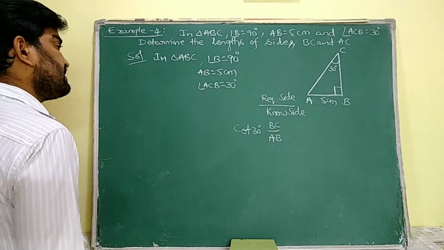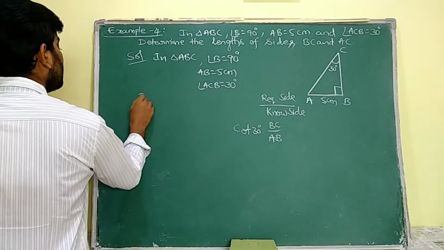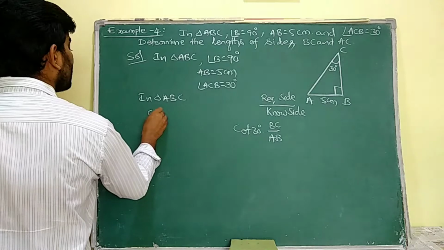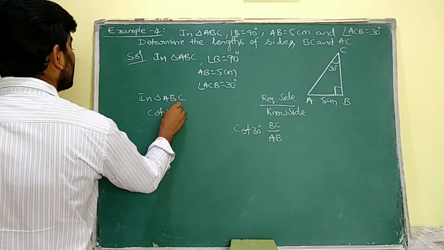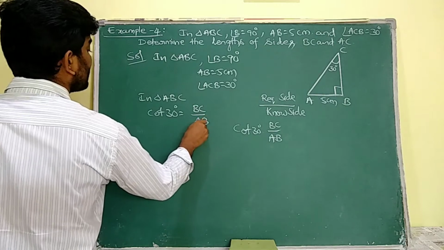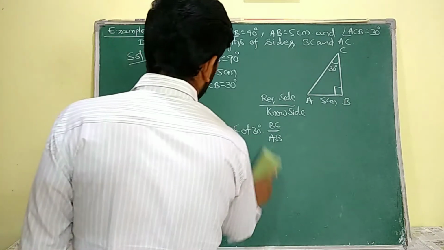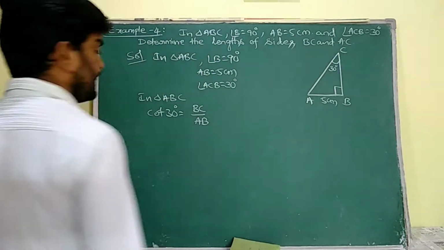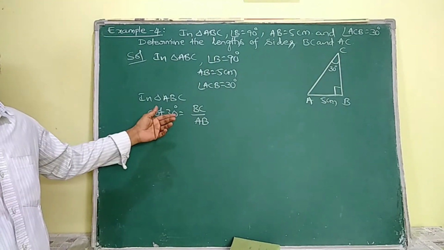So that means in the triangle ABC, cot 30 degrees is equal to BC by AB. I hope you understand everyone. So this is the strategy we have to follow. Else you may find tan also here.